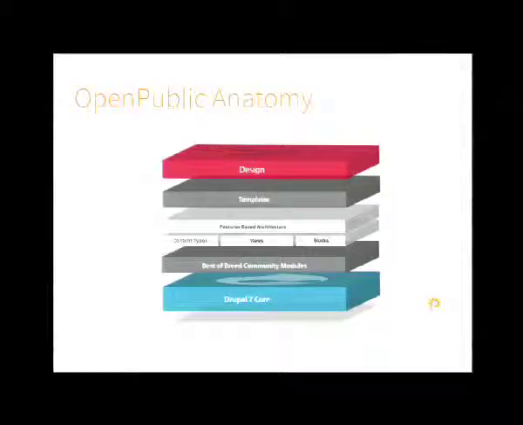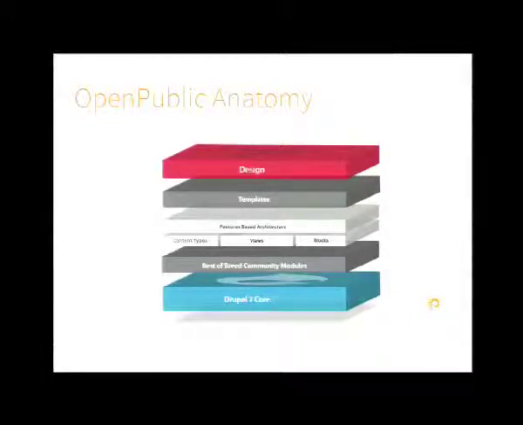Above that in OpenPublic is this thing called features-based architecture, which basically means, as an example, at Georgia Gov, one of the things that Nikhil talked a little bit about this morning was the ability to manage a single code base. In their case, they've got multiple databases. But with features, you can deploy various types of functionality that can be used in different agencies, and they can just be turned on as needed.